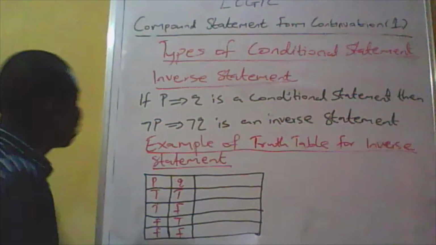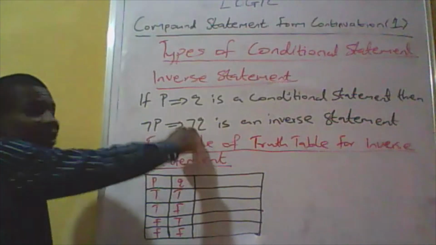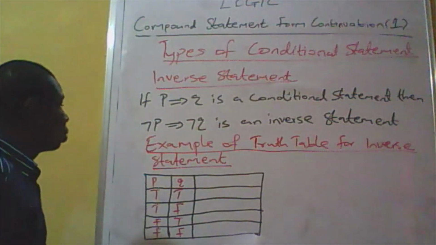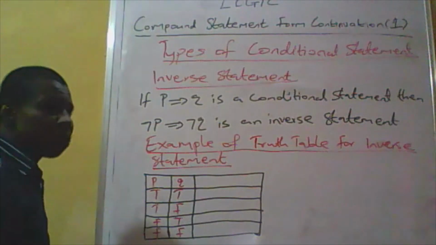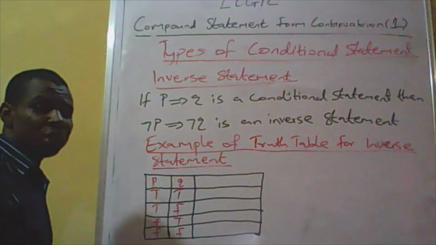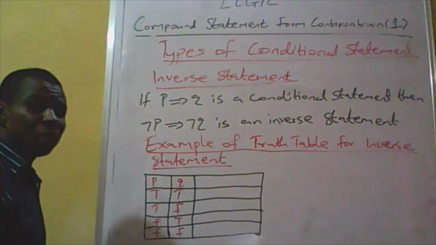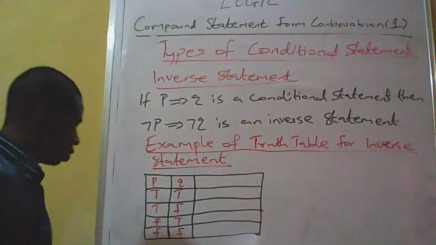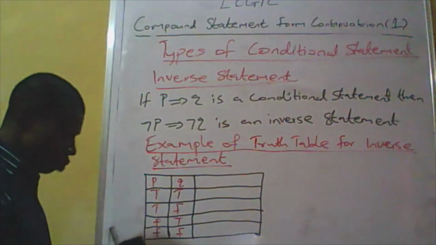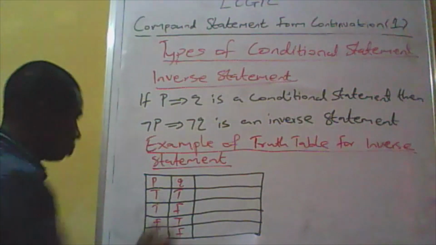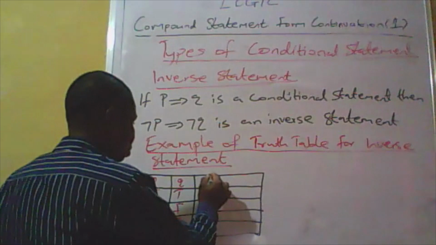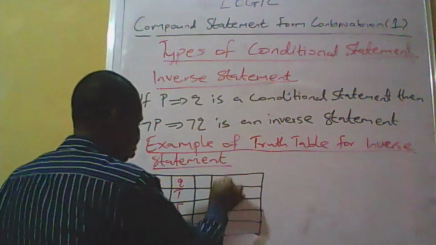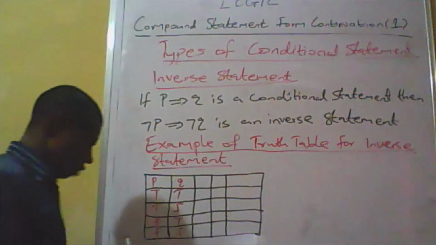Now, we have here not P. Remember that we said that whenever P is true, then not P will be false. Whenever not P is false, P will be true. Whenever not P is true, P will be false. So let us draw a column for our not P. Very good.